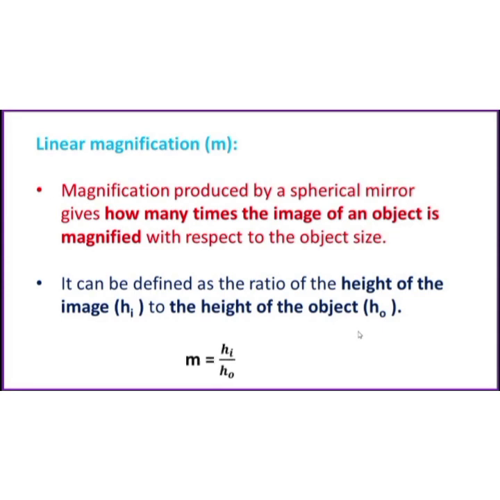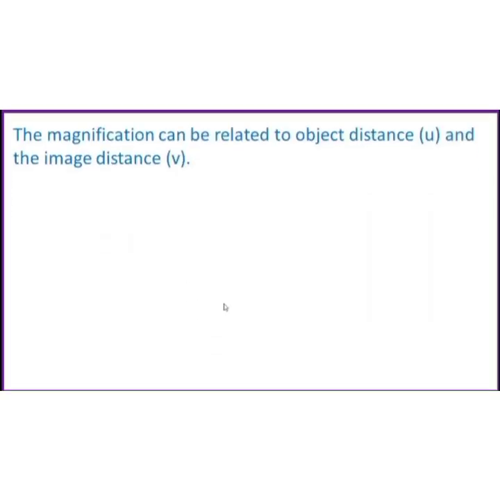So what is the formula? Magnification M is equal to hi by ho. ho means height of the object, then hi, height of the image. So magnification means how many times the image size is magnified compared to the object size.